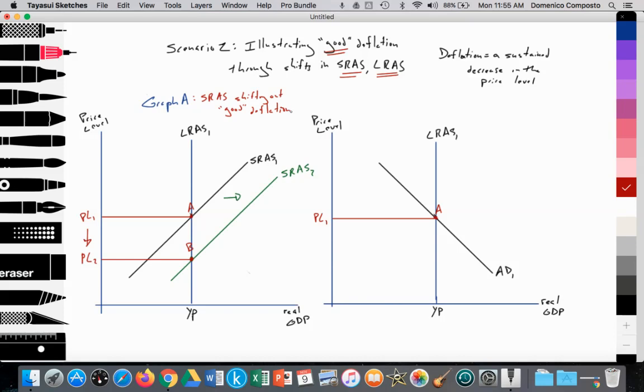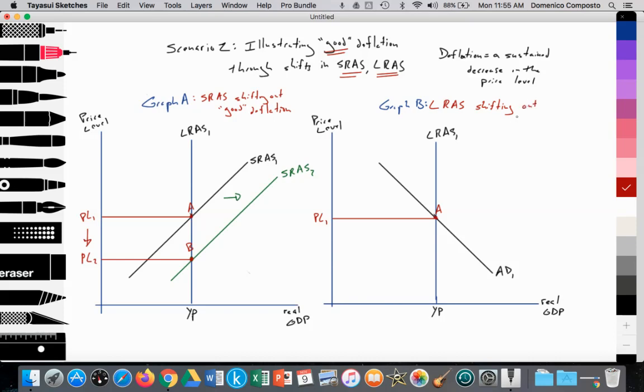Now in graph B, which we're about to illustrate right here, we're going to have the LRAS curve shift out. And here we'll have LRAS shifting out, perhaps due to some type of supply side policy, which is something we will discuss in a later video.